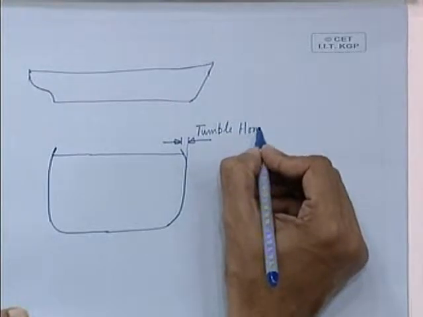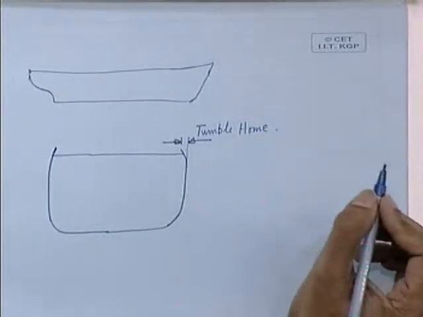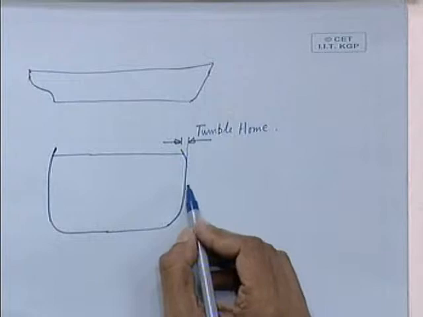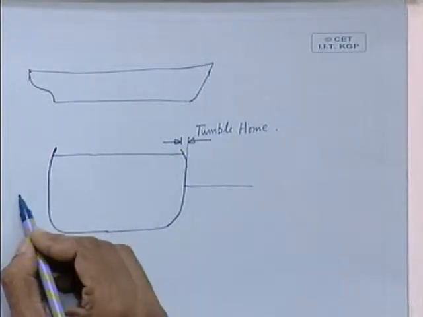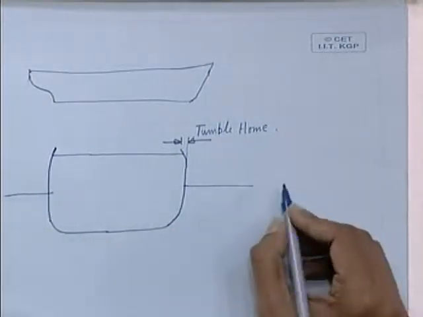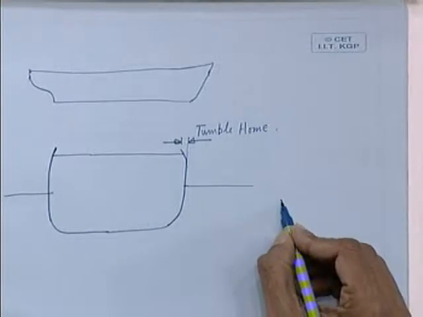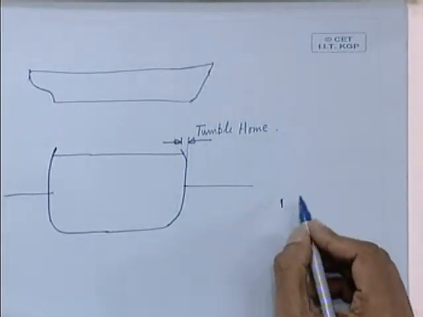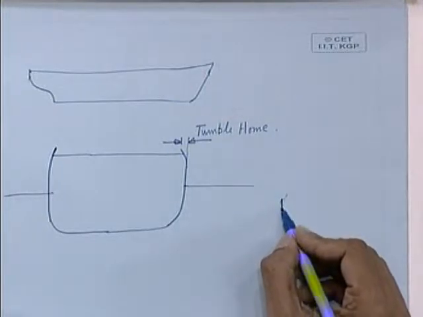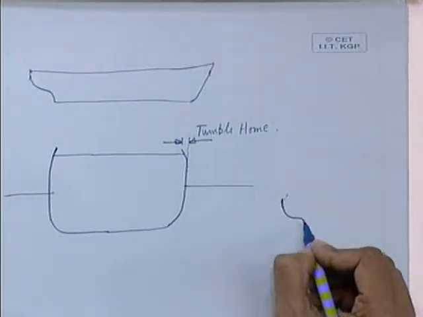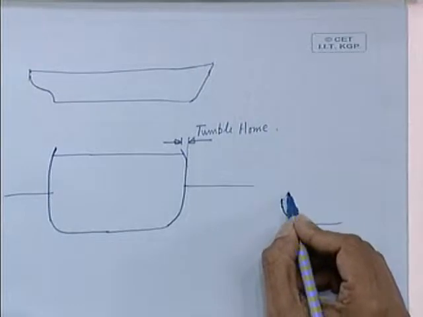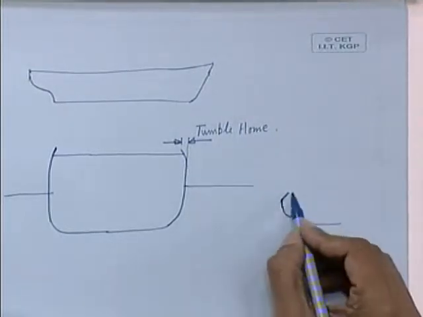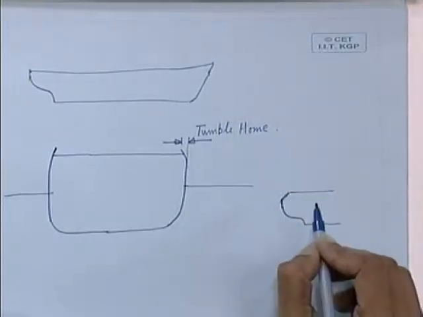And sometimes this tumble home is given with a definite purpose. That means the ship, normally you will find, especially in tugs, you just look at the stern portion of a tug, you will find this tumble home quite pronounced. Say this is your stern portion, and here in the tug you will find the deck line to be like this. Why?